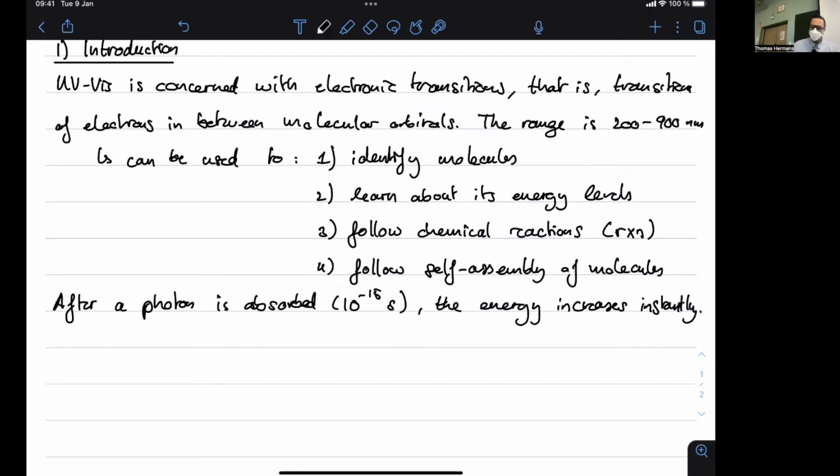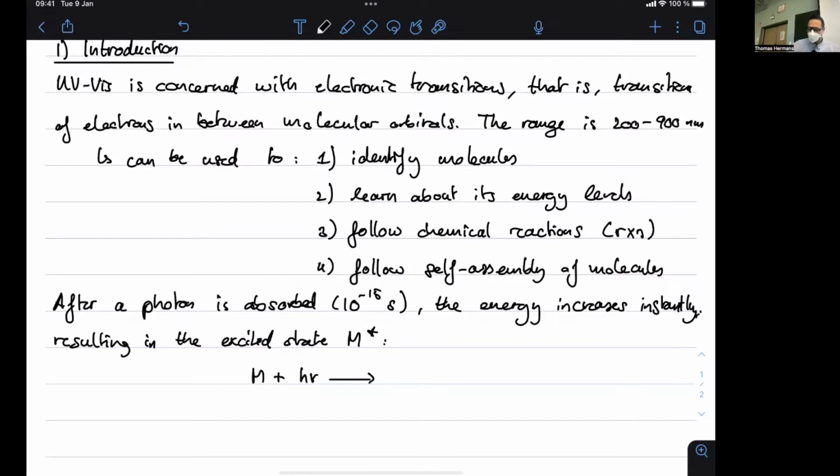Very fast, resulting in the excited state. And I'm going to write that M star. So that's like molecule excited. So in an equation, it would be like molecule plus h nu, that's the photon, gives the excited state.